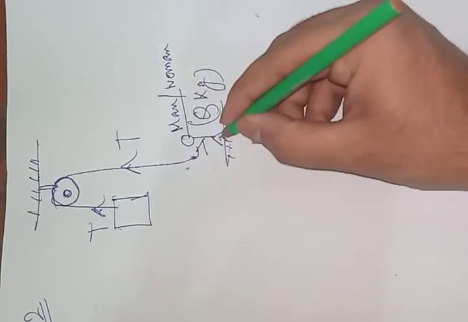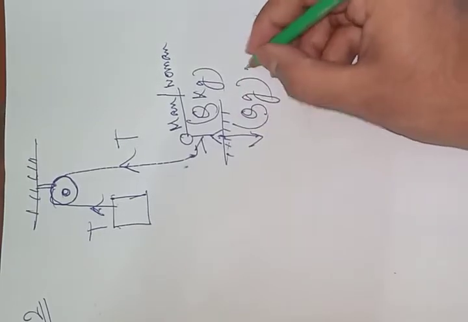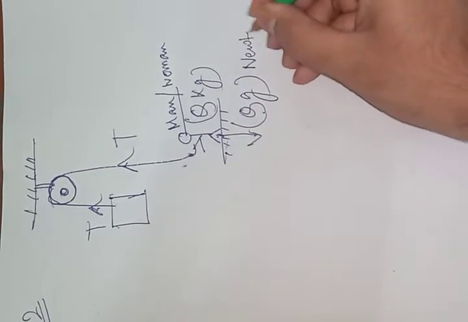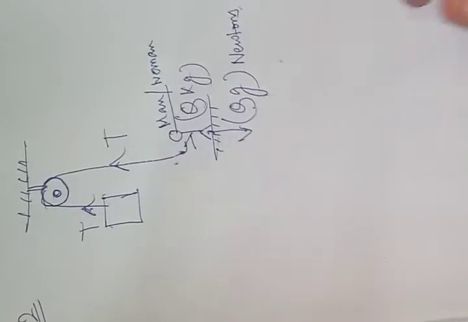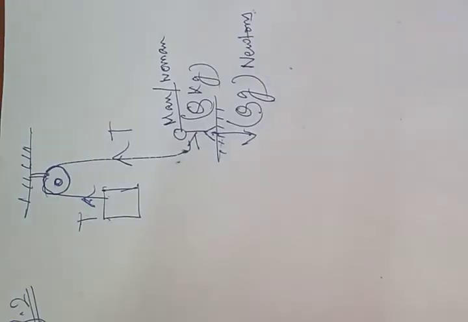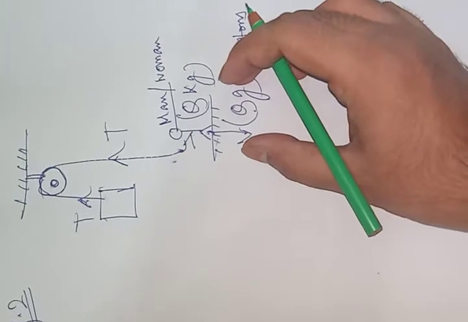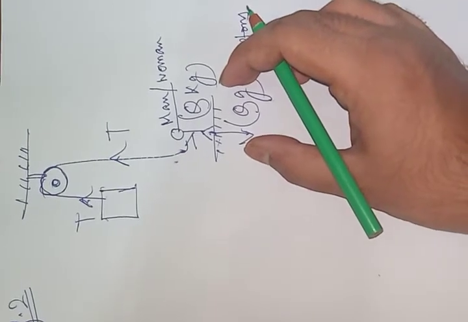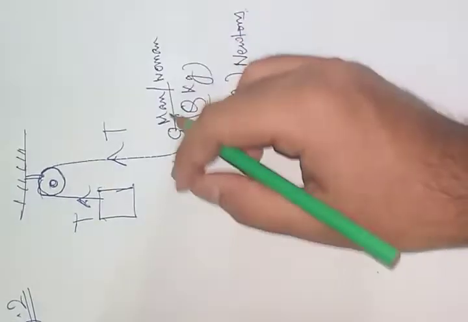So vertically downwards will be qg newtons. The question is: a man of weight q is standing on a horizontal plane with an inextensible rope.